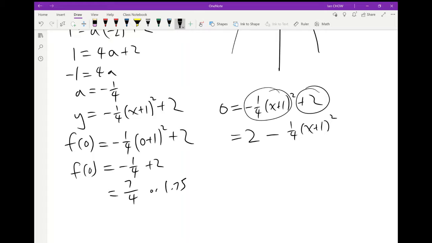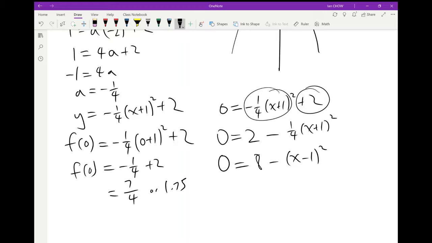I don't like to deal with the 1/4, so I'm going to multiply both sides by 4, because 0 times 4 is still 0, so I can still write this as 0. And when I multiply both sides by 4, this becomes 8 minus x plus 1 whole squared.